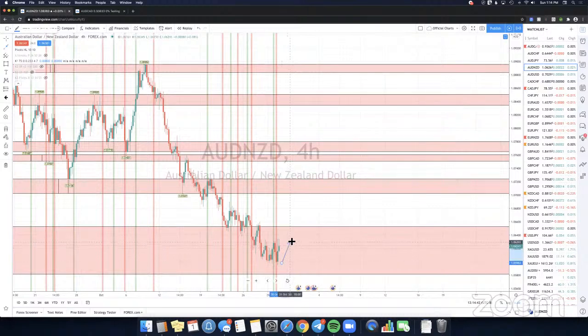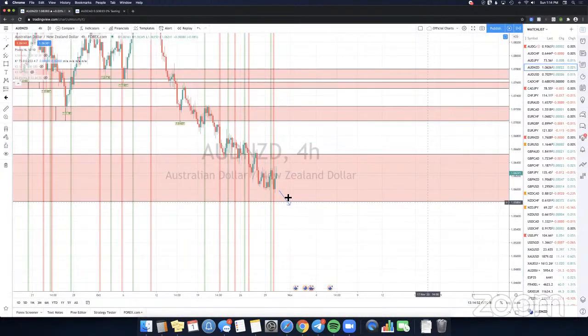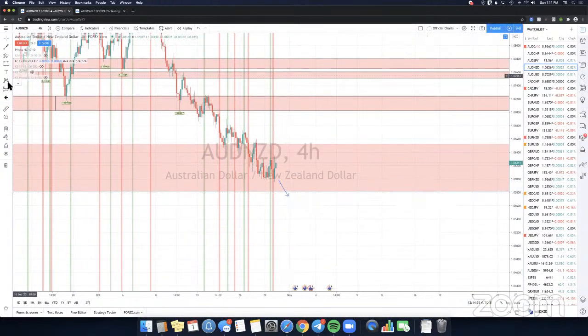What might happen is it might come up a little bit, or it might even come crashing down. So as soon as market opens, it can either push up and test the zone, or it can just come down and break this zone right here. But once it breaks this zone down here, then we can probably take a short position and ride this thing down. But we'll just have to wait and see what happens when the market opens. Market opens in about 45 minutes. So we have some time.